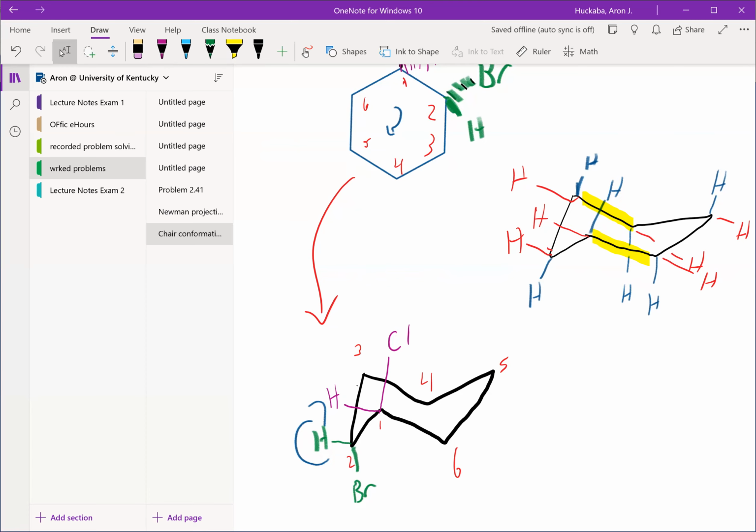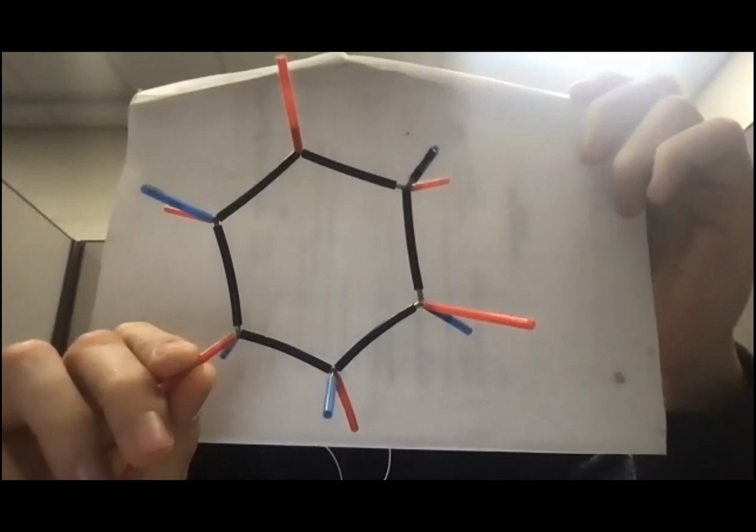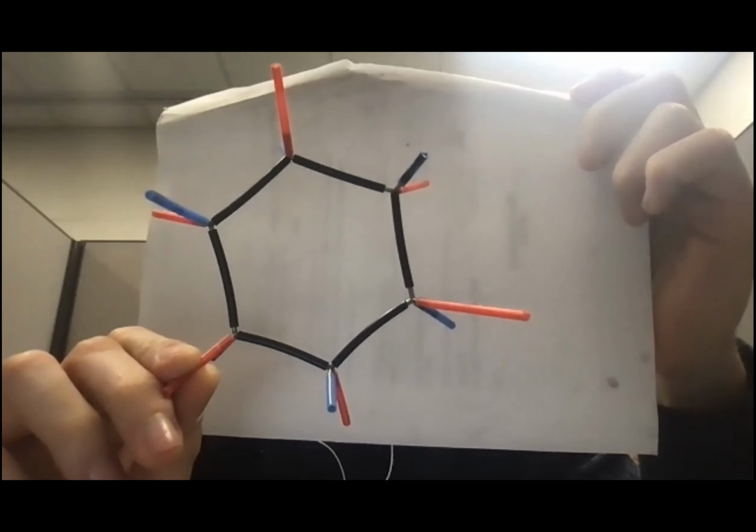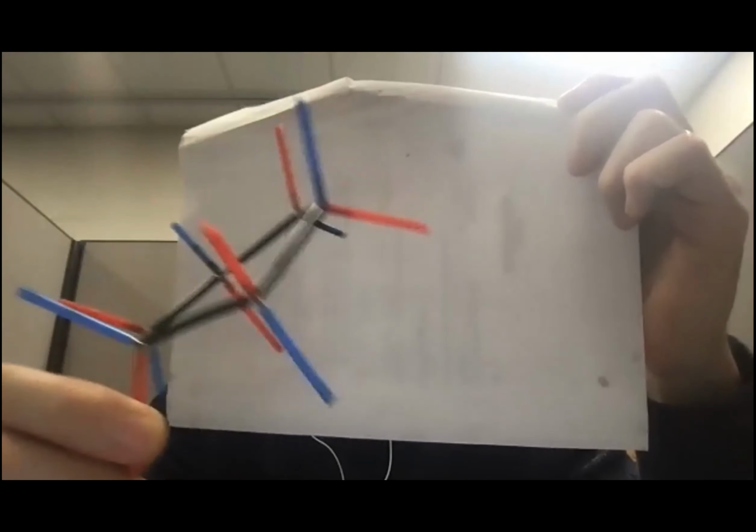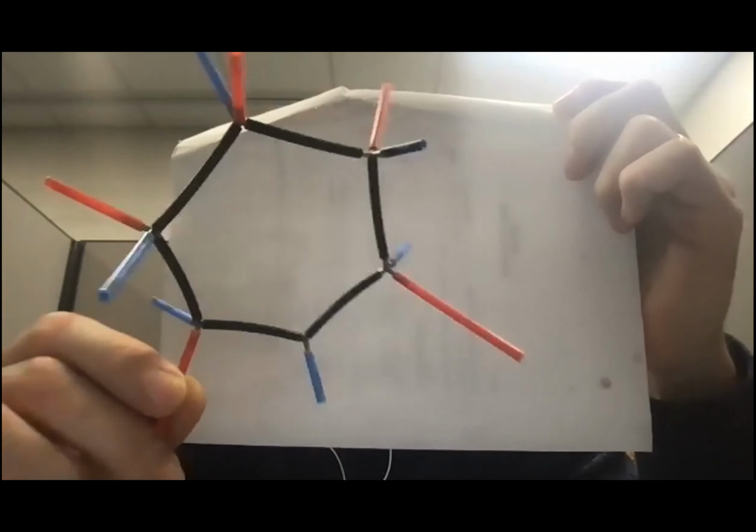So what I'm going to do is stop the share here so that we can have a look at a model kit, because like I said before, the model kits can be very useful. Here we are. Okay. So what we have here is a 2D representation of cyclohexane, right? It's totally flat. There's no conformation here.